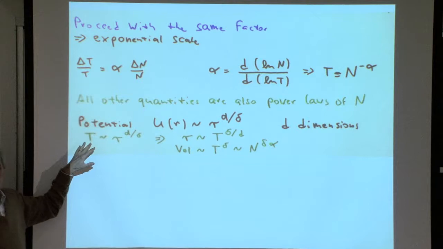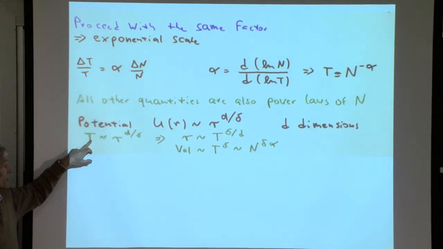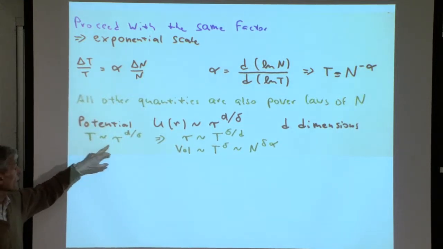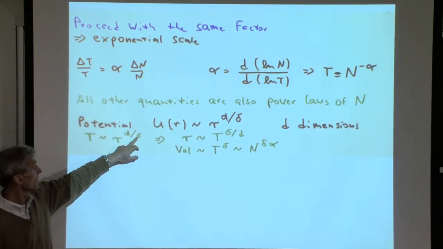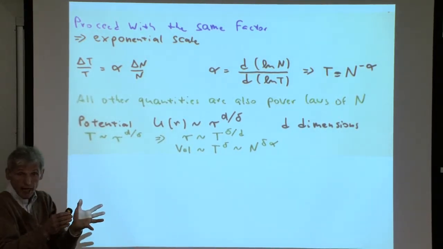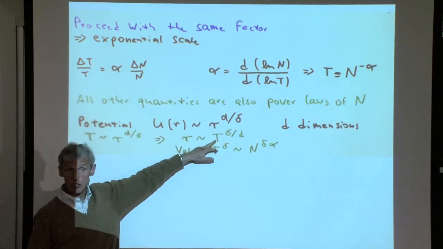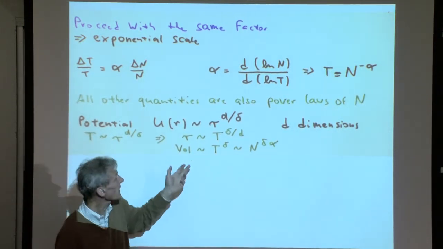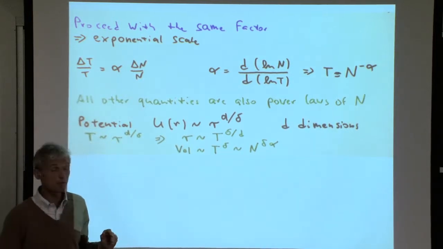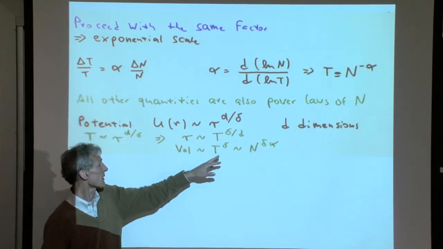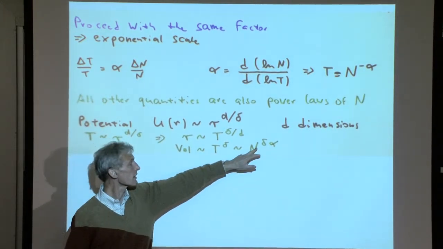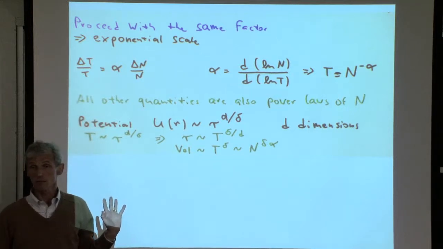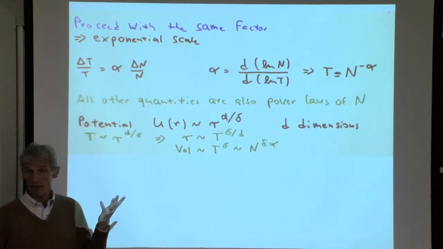Because of equipartition, the temperature, which is a measure for kinetic energy, is equal to the potential energy, and the potential energy is r to the power d over delta. So therefore, the size of the atoms in the trap scales with temperature as a power law. But if the temperature scales as a power law with the number, then the volume of the atoms, the temperature, everything scales with the number of atoms to some exponent. So everything is sort of exponential according to power laws.